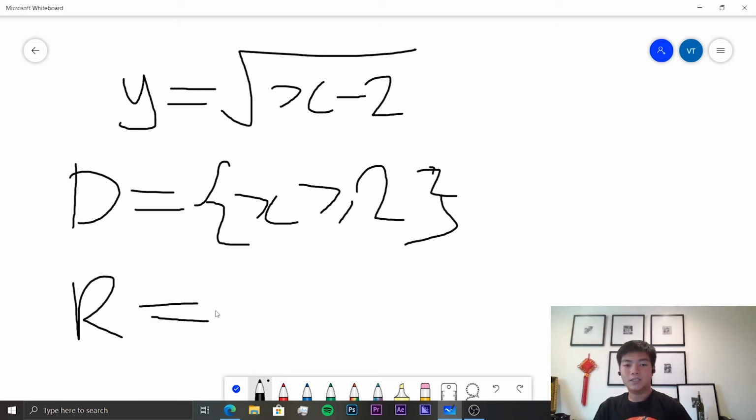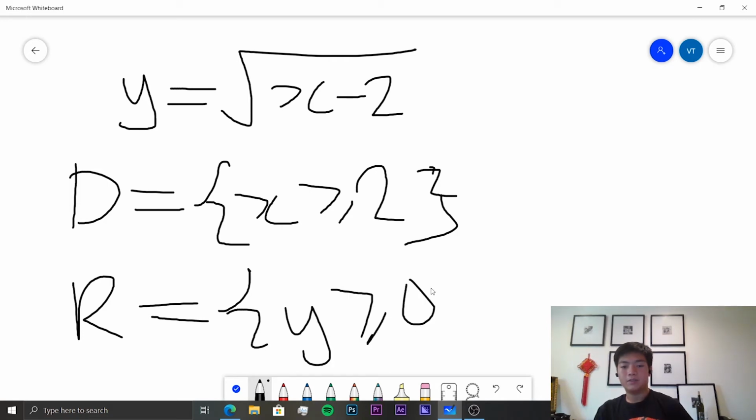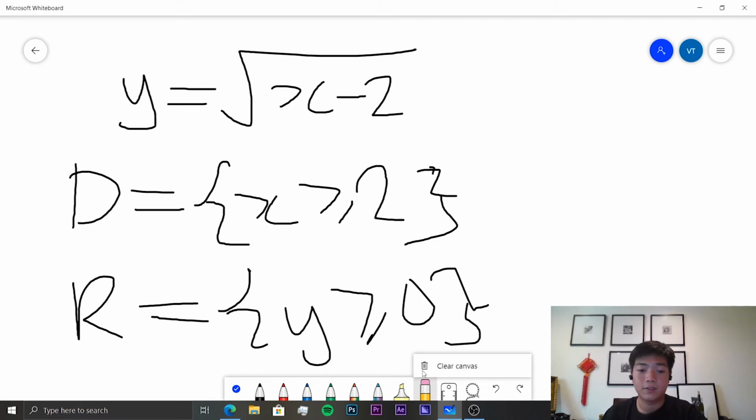The range will simply be y greater than or equal to 0, since the square root of x minus 2 can never be less than 0. Okay, so that's the first one down.